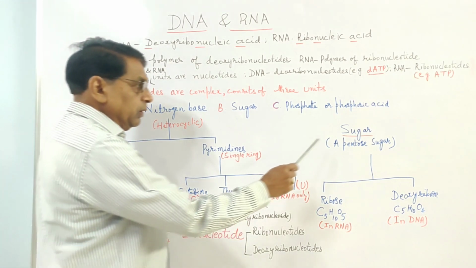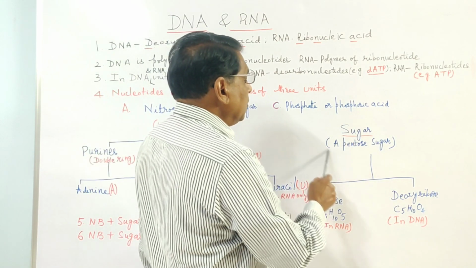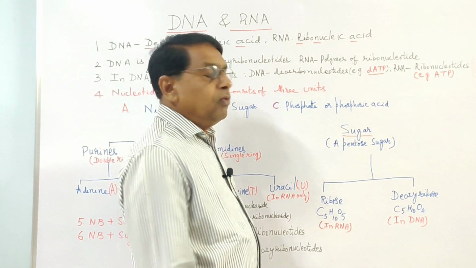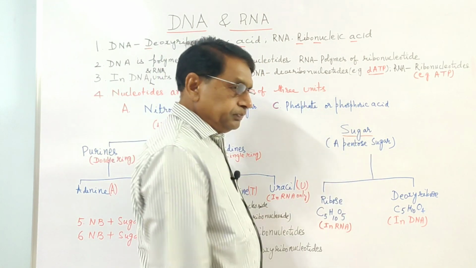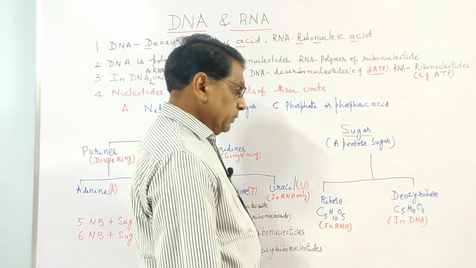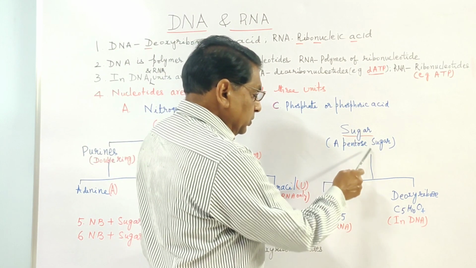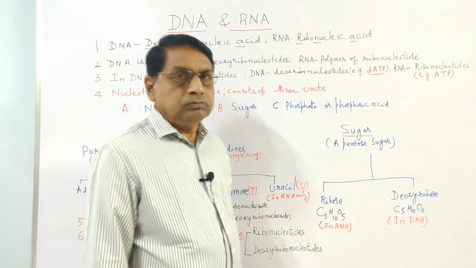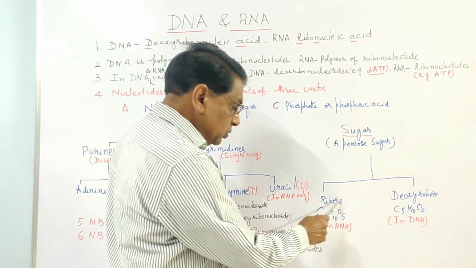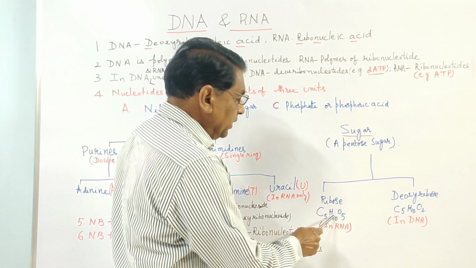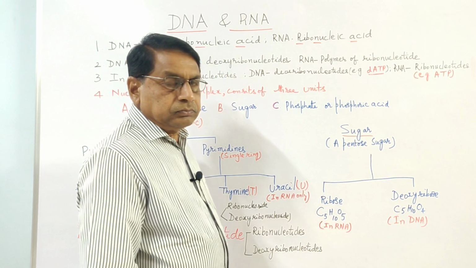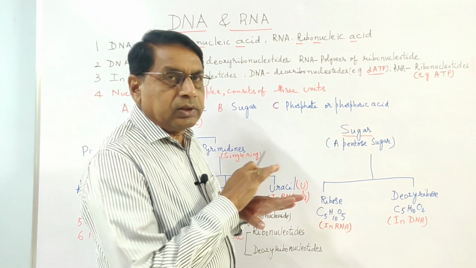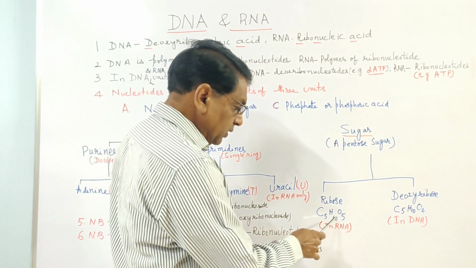Then the sugar present in RNA and DNA is always a pentose sugar consisting of 5 carbon atoms. These pentose sugars are two types, ribose and deoxyribose. The ribose sugar formula is C5H10O5, strictly following the typical carbohydrate structure C1H2O1.